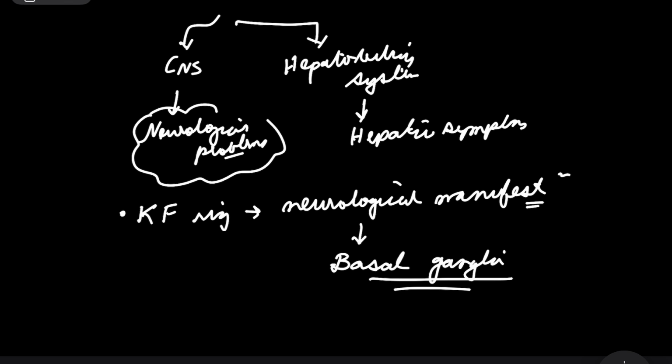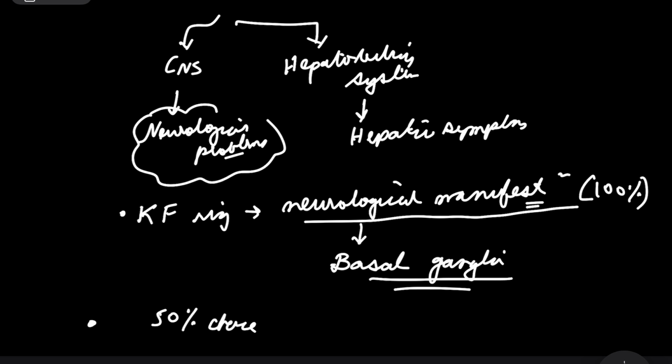So if you see a KF ring in a person with Wilson's disease, that definitely means that person has some form of neurological manifestation as well. If you see a KF ring, there is a 100% chance of neurological manifestation, but only a 50% chance of hepatic involvement.